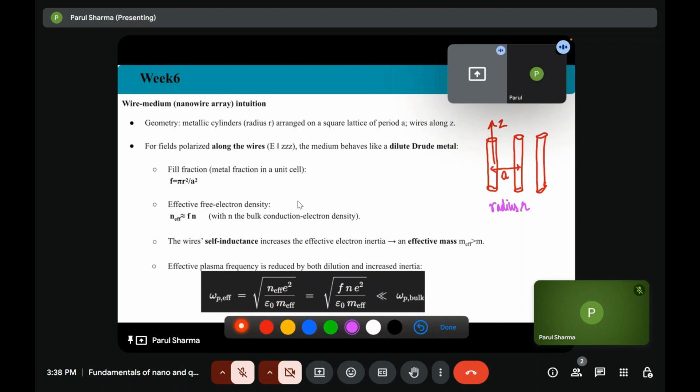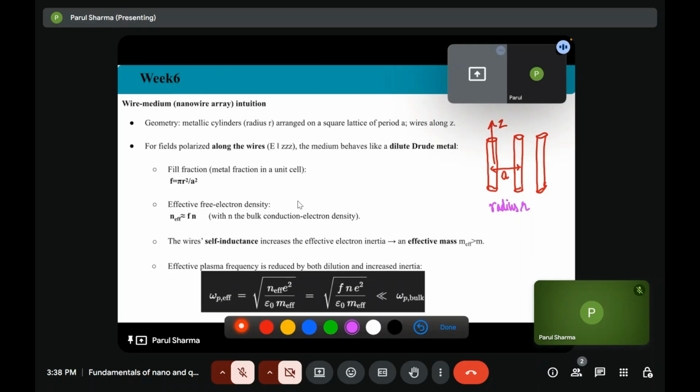For fields polarized along the wires, we consider that the electric field is parallel to the wire direction. So our medium will behave like a Drude metal. We consider the fill fraction. What is the fill fraction? It is the matter fraction in a unit cell. If in x and y it is a cubic structure, I will consider the area of the cylinder, so the cross section will be a circle.